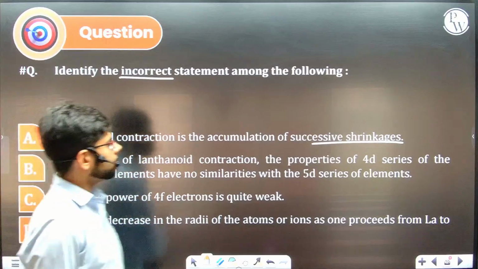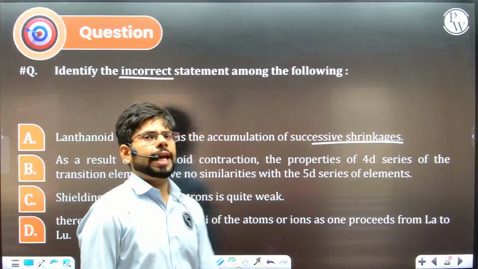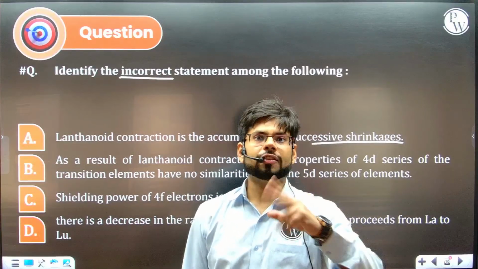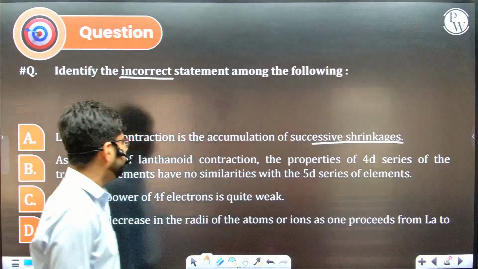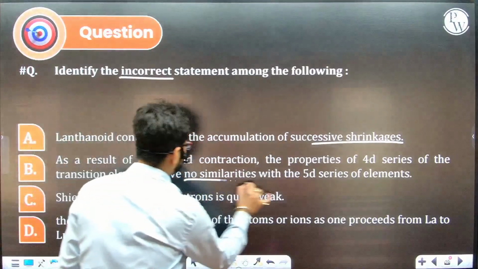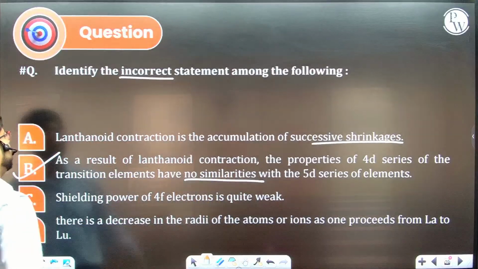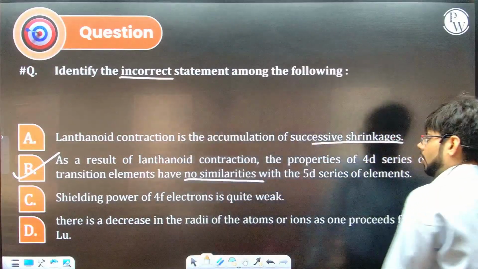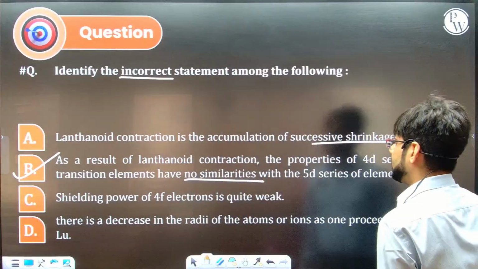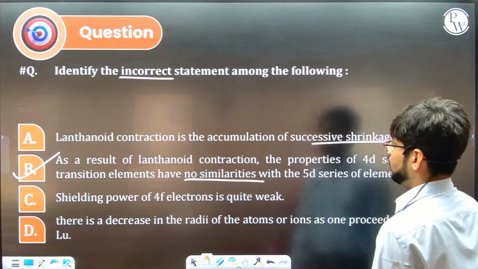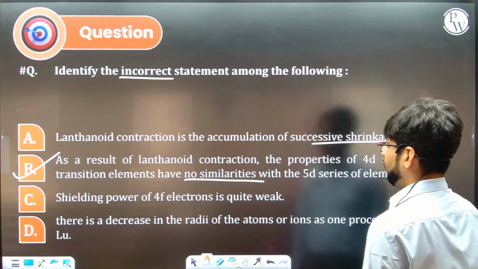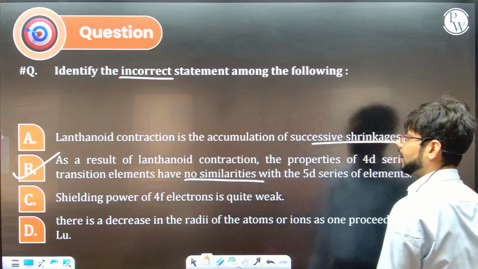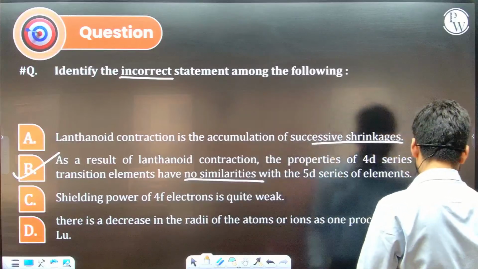Elements belonging to the same group have similar sizes due to lanthanide contraction, so properties will be similar, whereas they have written no similarities. This is an incorrect statement, hence B is the correct answer, because we have been asked to identify the incorrect statement. Shielding power of f electrons is very weak. Obviously, f and d electrons have poor shielding effect, so C is correct. And we have discussed D already, hence the correct answer is B. The only incorrect statement is B.